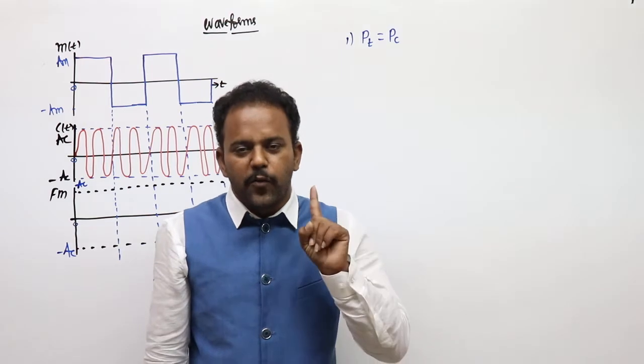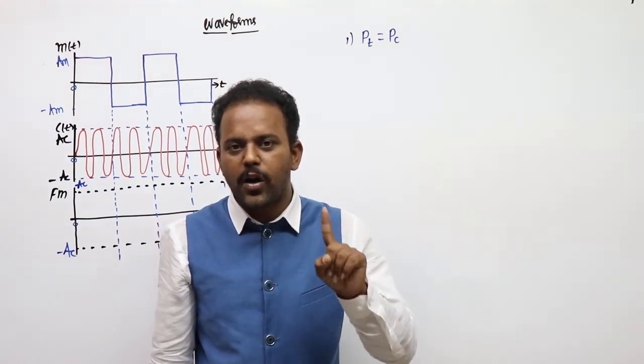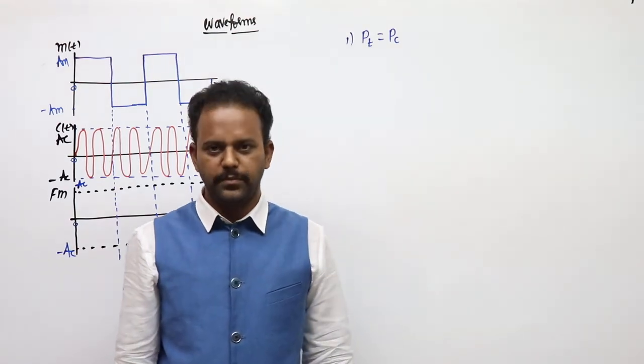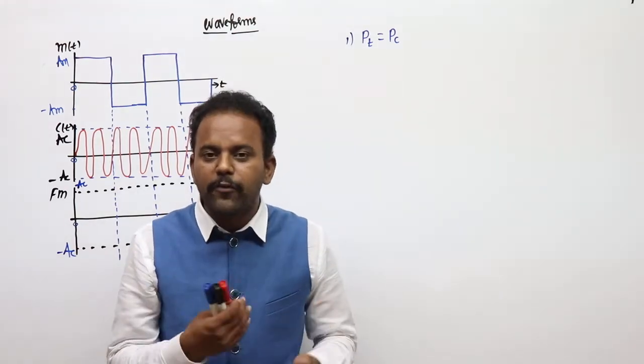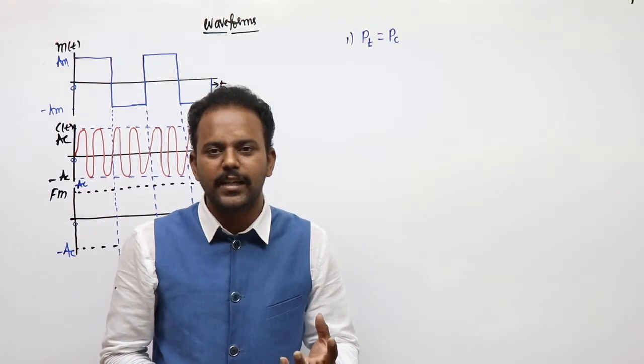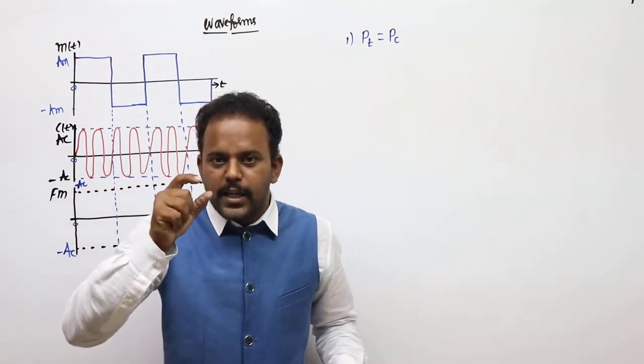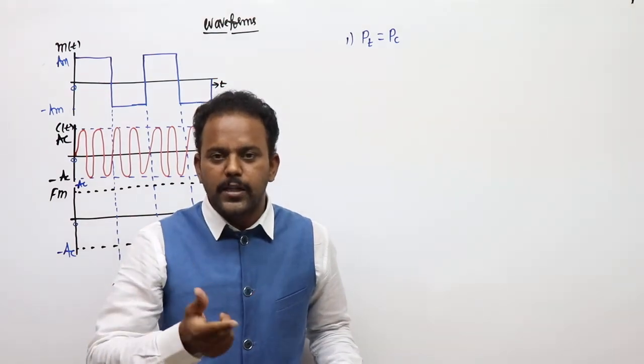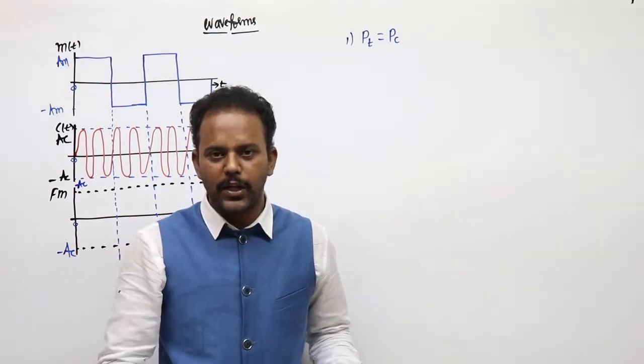So that's why frequency modulation is also called a power efficient utilization technique. The meaning of power efficient utilization here: PC means the power taken by the carrier before modulation, PT means the power taken after modulation.